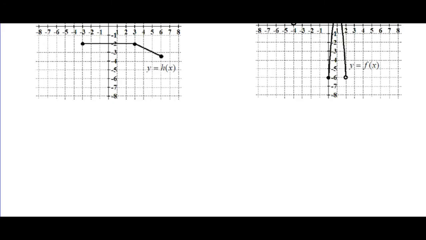You can use words like it's 1/4 the height of the original, it's 3 times the height of the original, it's 17 times. Okay, vertical stretch by a factor of what? 1/2. But we should say about what axis, right? So we've got a vertical stretch about the x-axis by a factor of 1/2.